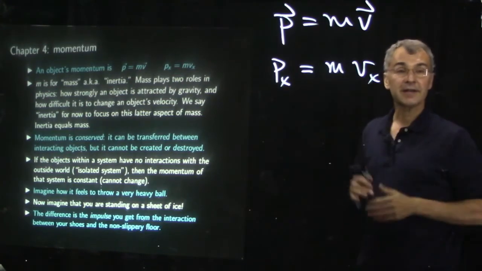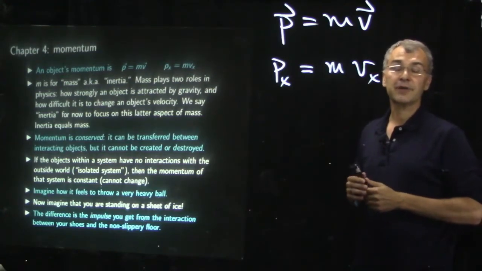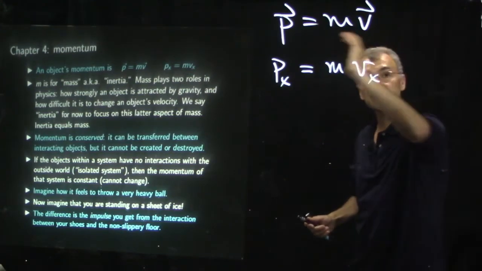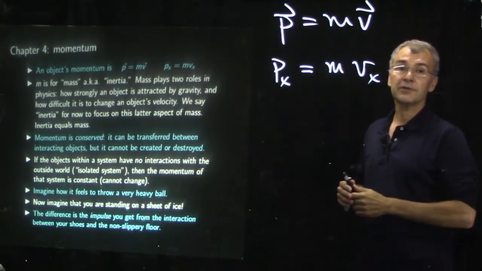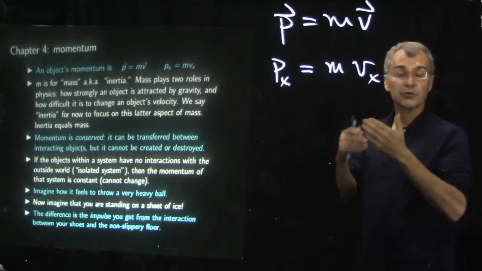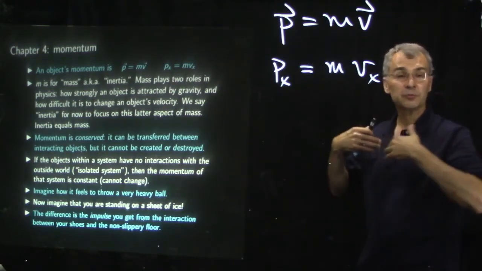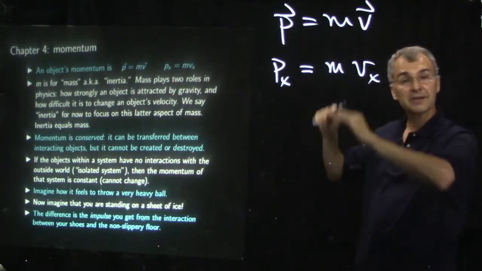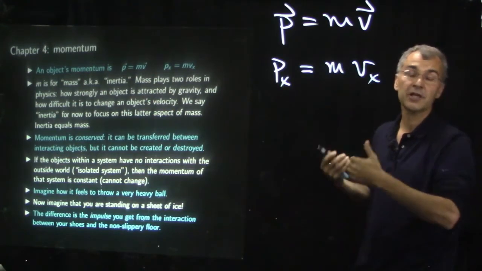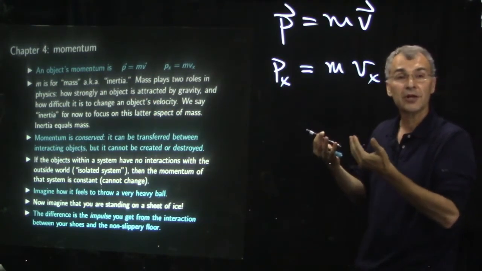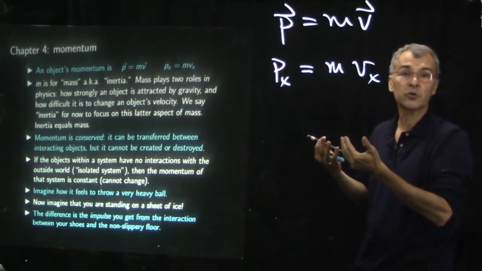Now, when you think about that, it's somewhat complicated by the fact that not only are you pushing on the medicine ball, but also the ground is pushing on you. When you throw the medicine ball, you're interacting with the medicine ball, but you're also interacting with the ground. The contact of your rubber shoes with the ground will prevent you from recoiling.